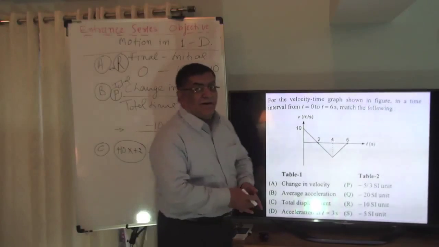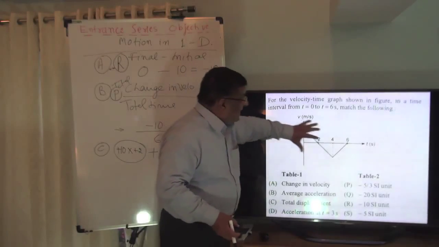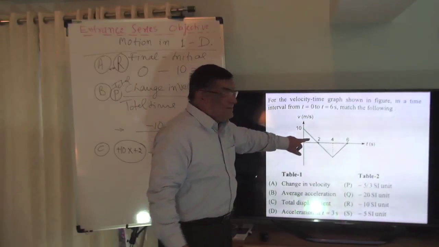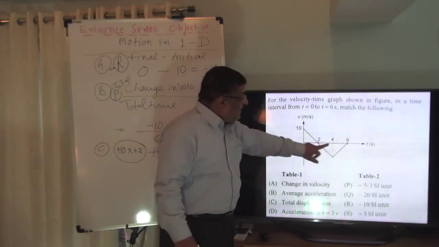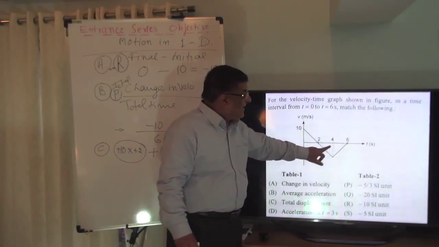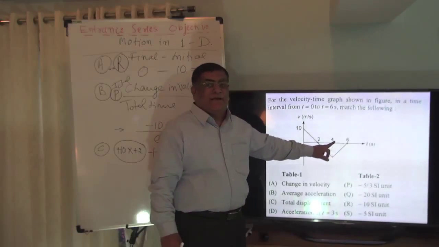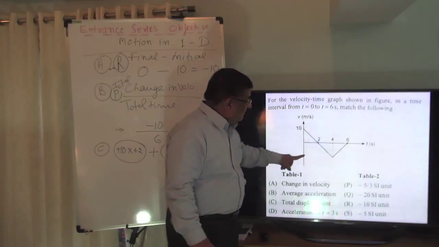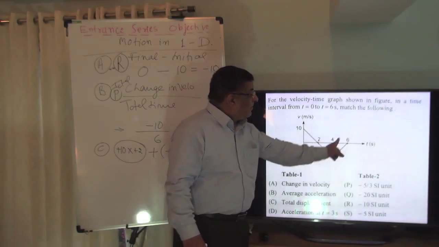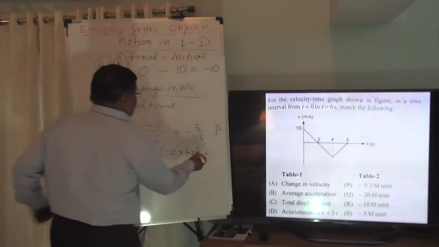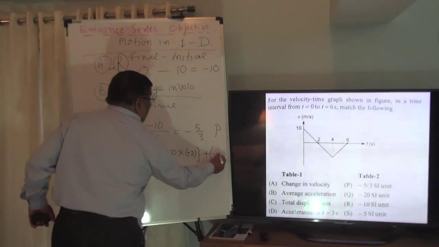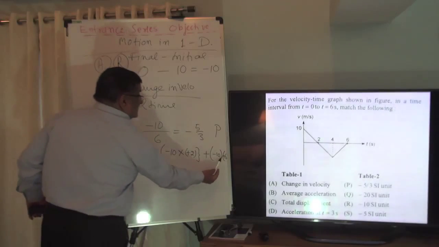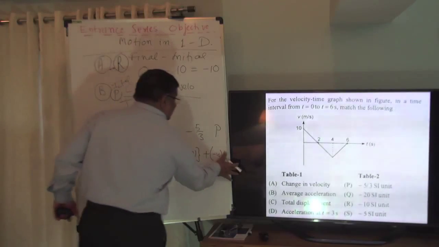And third area, again remember, we have divided it into 3 parts to calculate area. This is first figure to get the area, this is second figure, this is third figure. So the area for the third figure, minus 10 multiplied by plus 6, sorry, not 6.